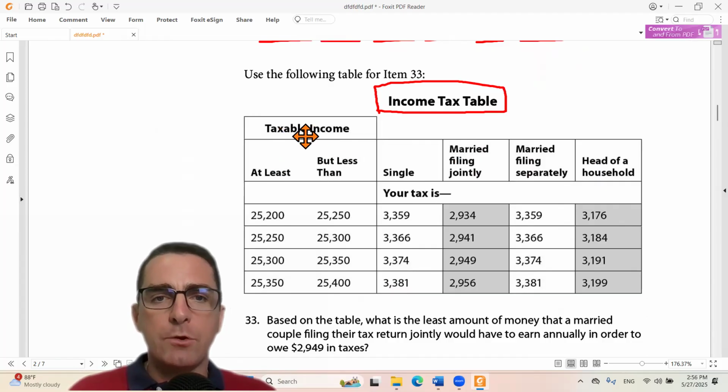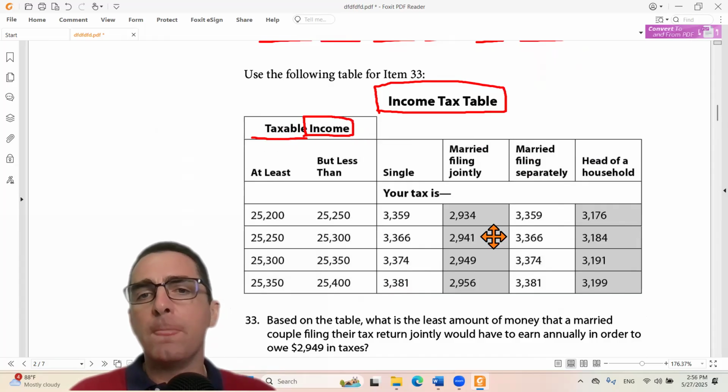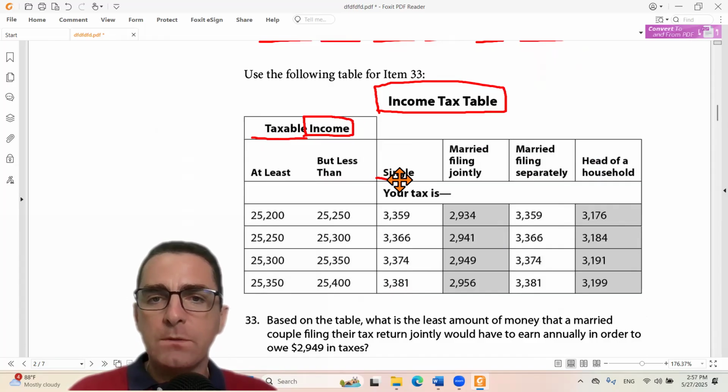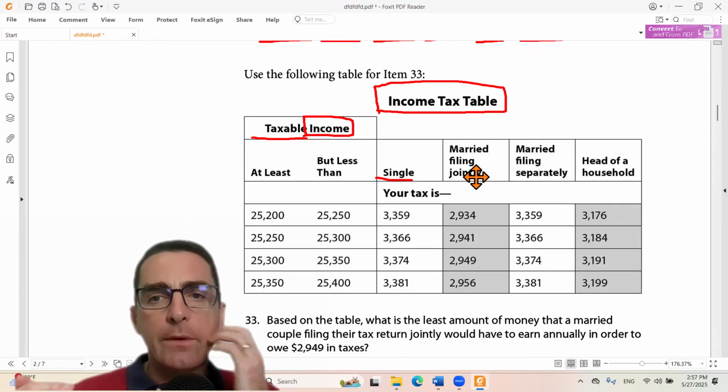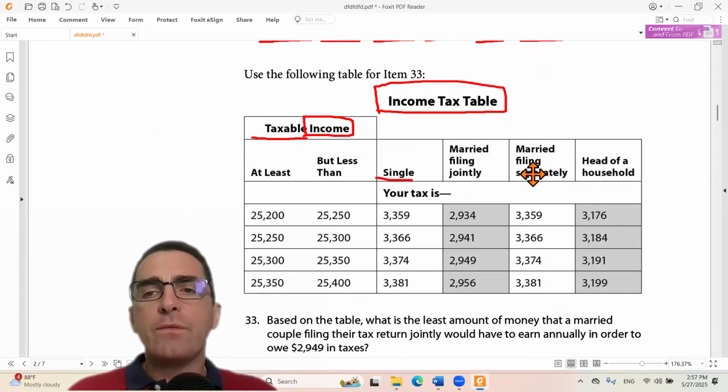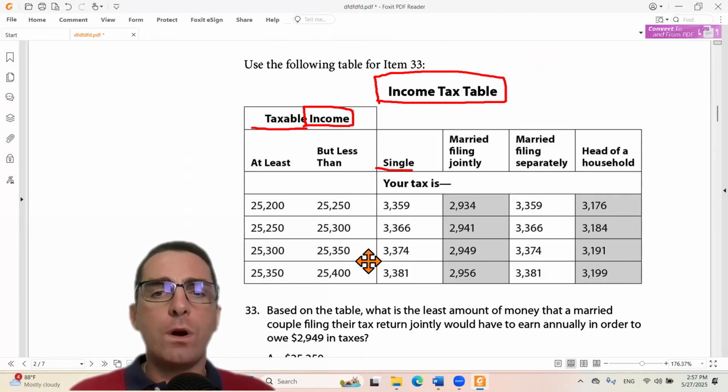Taxable income, so this is how much you earn. Okay, how much of your income can be taxed is taxable. And it's saying if you're a single person, so not married, married people filing jointly, so married people who file their income taxes together, and then married filing separately, so a separate filing within a marriage, and then head of a household. Nothing too complicated there.